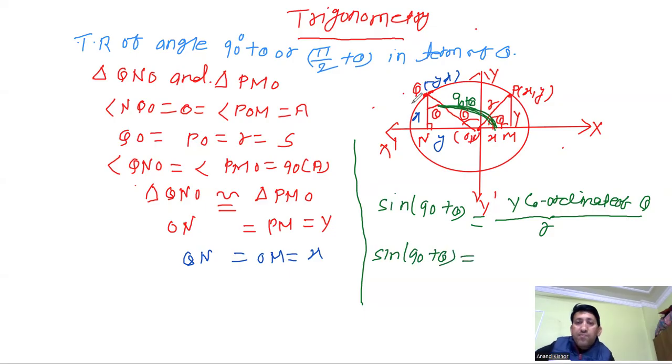What is the Y coordinate here? For Q, the Y coordinate is X. So I'm writing here X by radius, X by r. Now sine 90 plus theta, we know, is X by r.